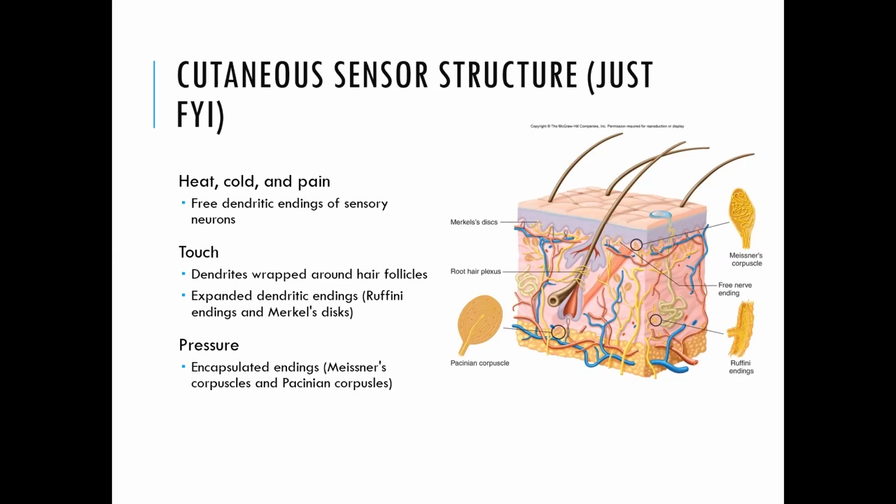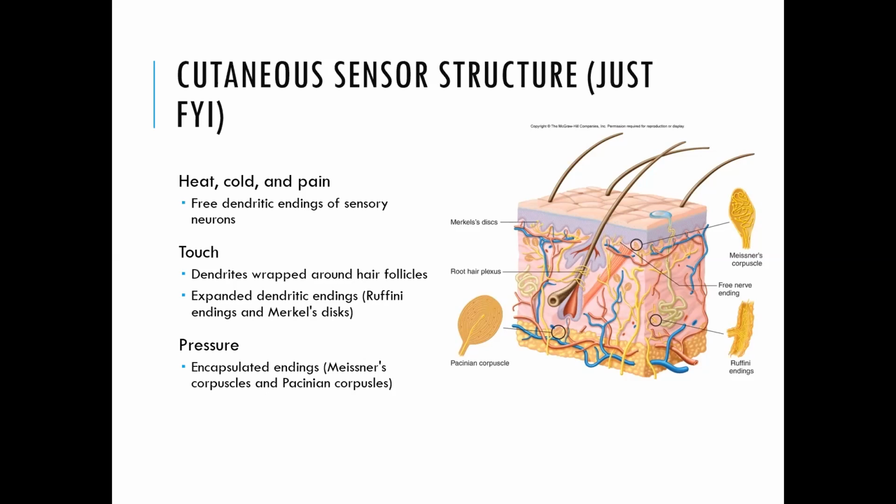Touch, you have dendrites that are wrapped around hair follicles that allow us to respond to touch. So sometimes things come really, really close to your skin. They don't actually touch the epidermal layers of your skin, but they touch your hair follicles and they respond to that touch, although you're not coming into direct contact with the skin. Your hair follicles have been activated because there are dendrites wrapped around those, right?